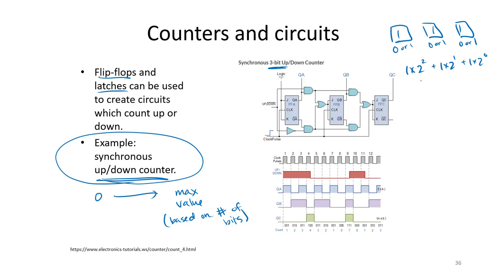So in this case, I can count 4 plus 2 plus 1, or I can count to 7. If I have more bits, I can count to an even higher value. For example, a 4-bit counter would allow me to count starting from 0 all the way to 15, because I would also have an 8 from 2 to the third. So these counters can be really important in developing memory and developing circuits able to do more complex tasks.